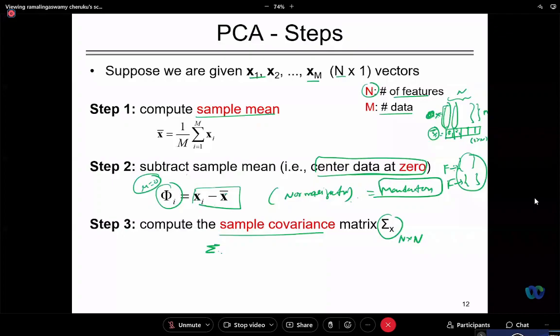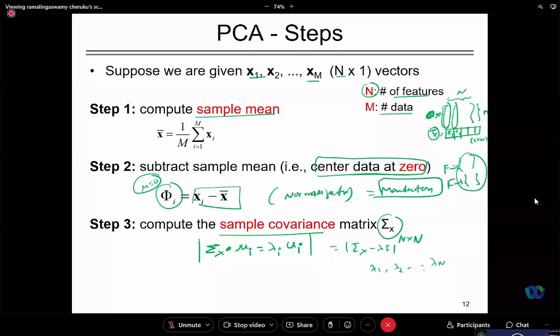So it becomes sigma x minus lambda I. When you solve it, you will get lambda 1, lambda 2, up to lambda n values. And then you have to sort them, like lambda 1 dash, lambda 2 dash, and so on.